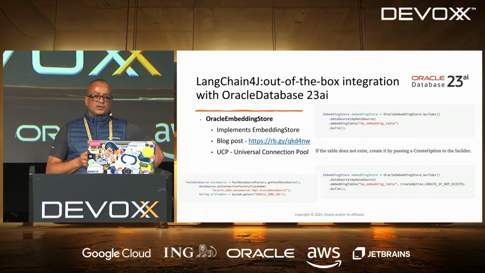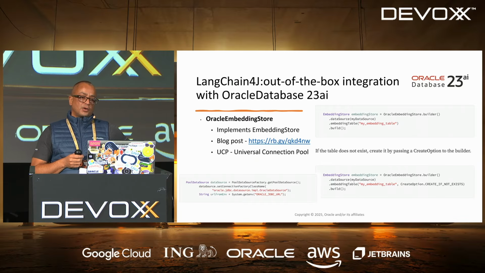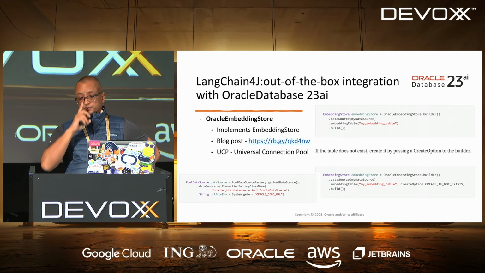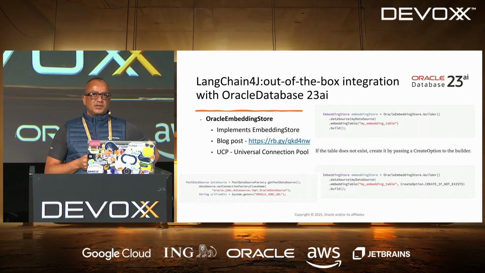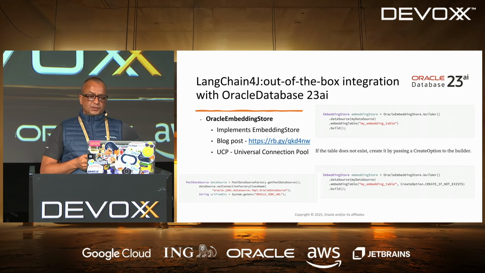With the contribution that we provided to the project from the Oracle engineering group, we created the Oracle Vector store, which is just the implementation of an embedding store. As I said, I have a blog post here that you can have a look at to see what we contributed. It's extremely easy. Just one additional dependency jar that you can use Maven or Gradle to add to your application.